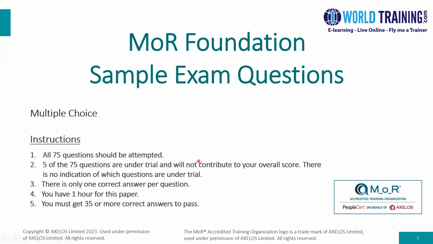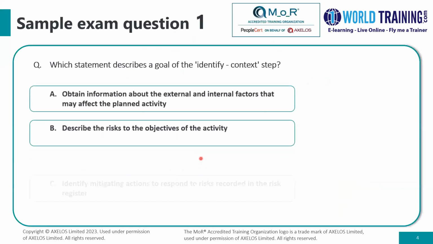So let me take you through the questions. After I read the question, you could pause for a while, evaluate the options, and then choose the right answer, and then replay back for a rationale for that answer. So let's begin the questions.